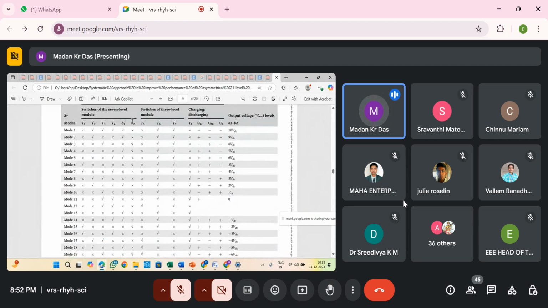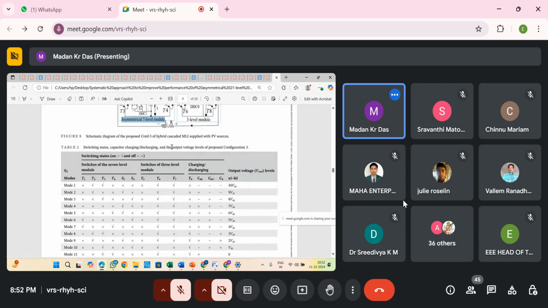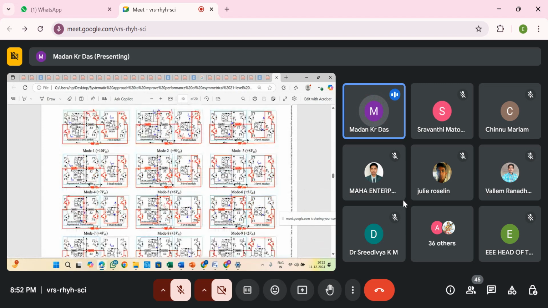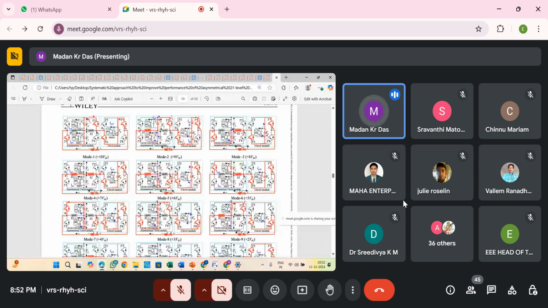So this is the switching table of the proposed inverter, and this is the power flow diagram. The red line shows how the inverter works. In mode number 10, T3, T2, T6, T7 will produce 10 VDC, and S1, T2, T6, T7 will produce 9 VDC.